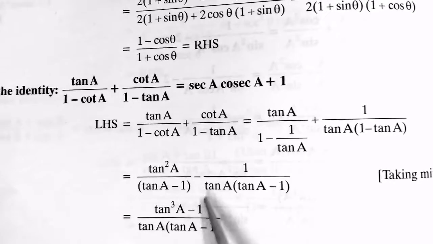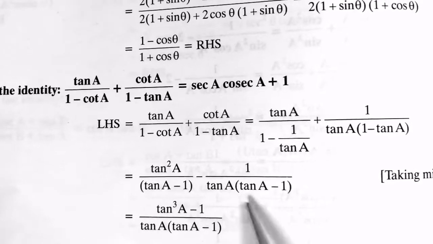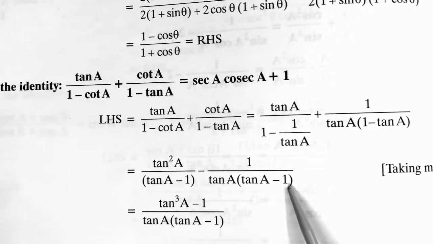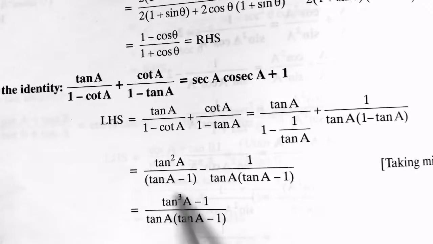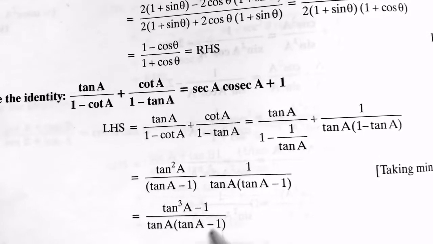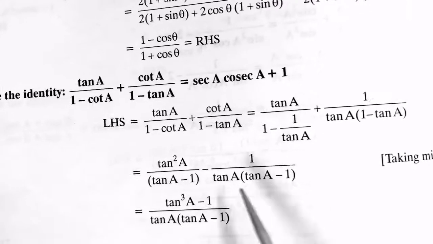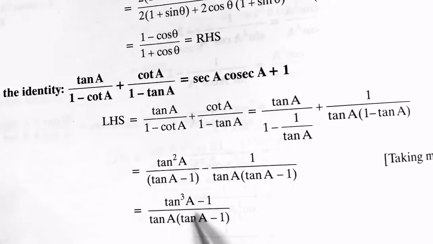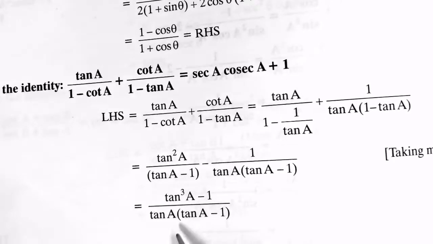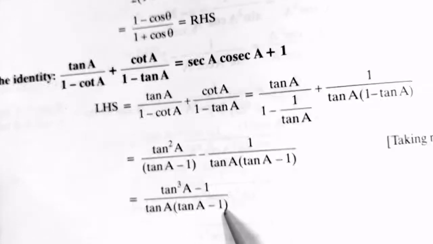So minus into plus will be minus. So I have tan A into tan A minus 1. This I have done so that LCM can be taken as tan A into tan A minus 1. So when I take LCM tan A into tan A minus 1, this tan A will get multiplied here. So we have tan cube A minus 1 upon tan A into tan A minus 1.